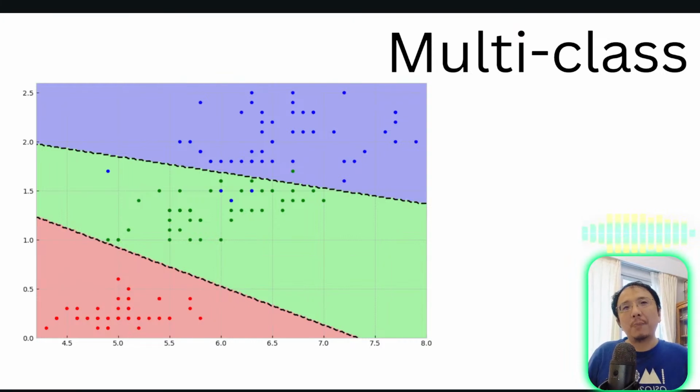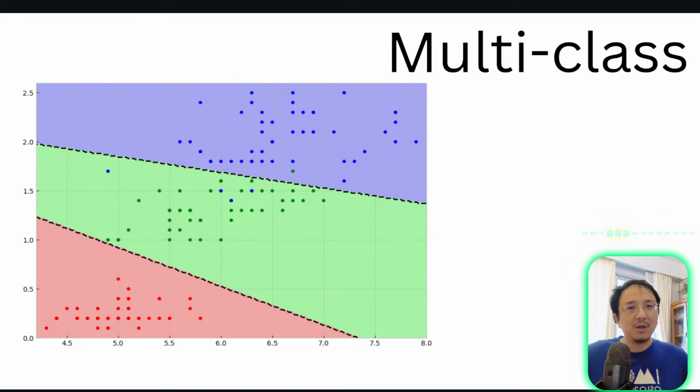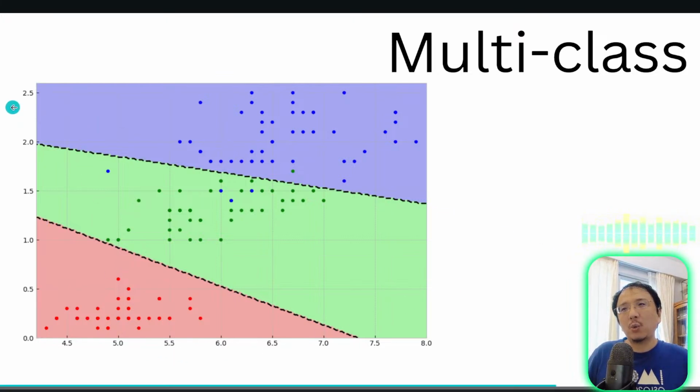It can also do multi-class. There are many different ways to do that. You can do it using the neural network softmax method, which is called the multinomial method in Scikit-learn here. So this one is a multi-class classification boundary. You can see it right here. We are choosing just 2 different features.